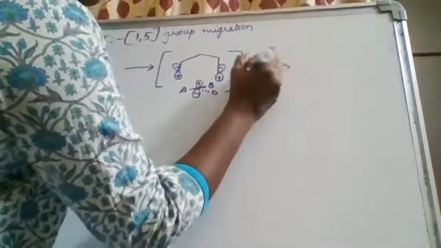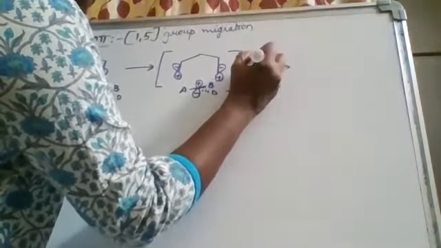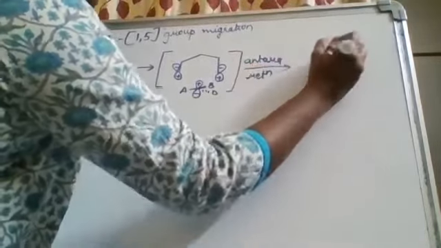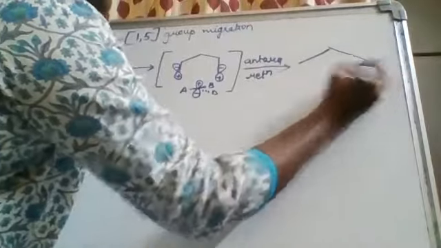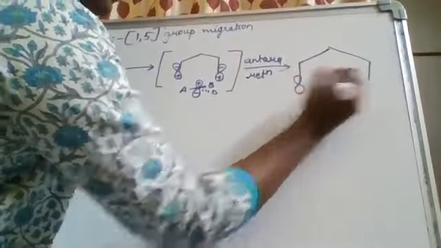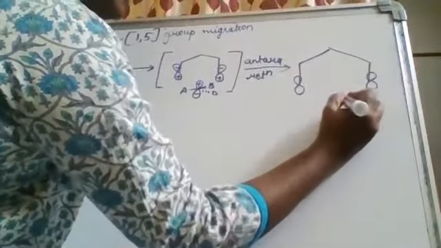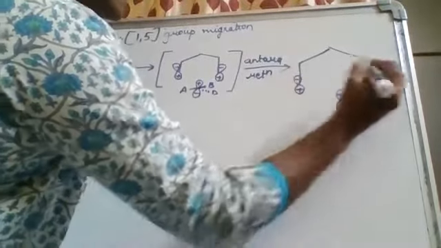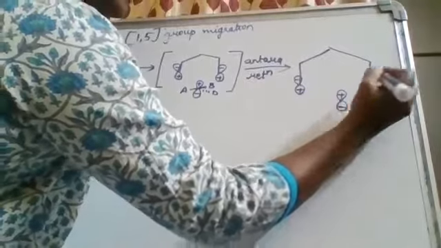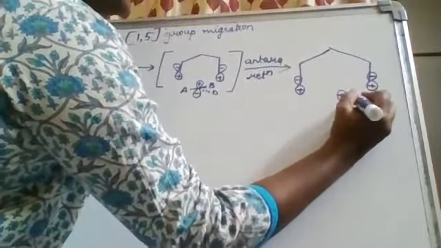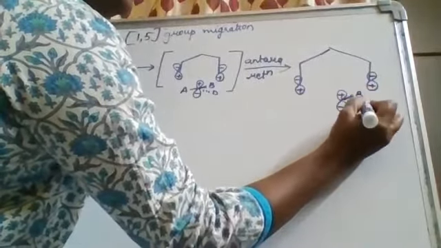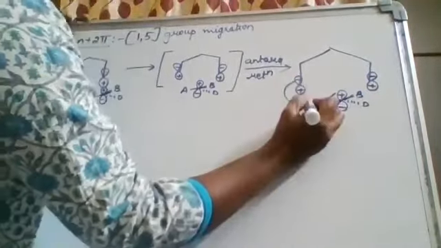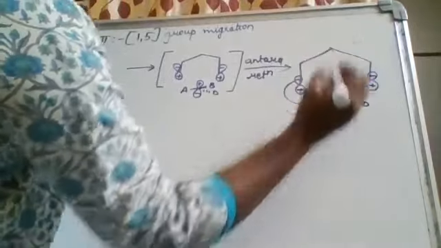I'm going to put the molecule as it is. So, antarafacial migration with retention of configuration. In the transition state, check for the basic set, plus minus. It's a chiral molecule. I'm getting one node.